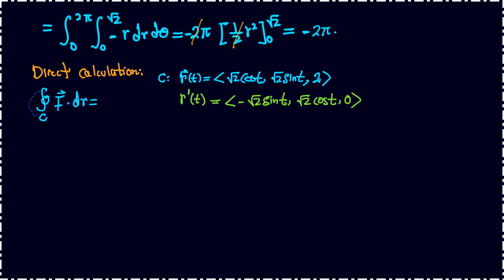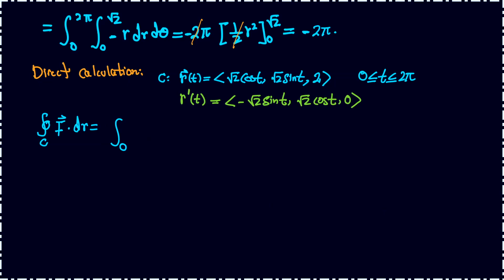All right, so now we can calculate this line integral. Remember that for this parametrization, t is always going to go from 0 to 2 pi to get the full circle. So this becomes the integral 0 to 2 pi.